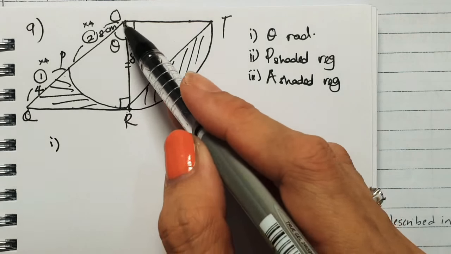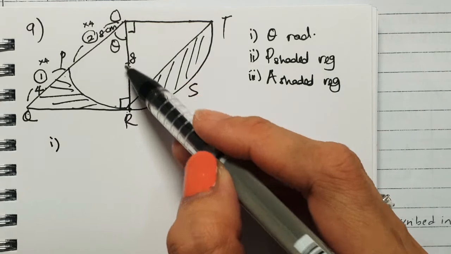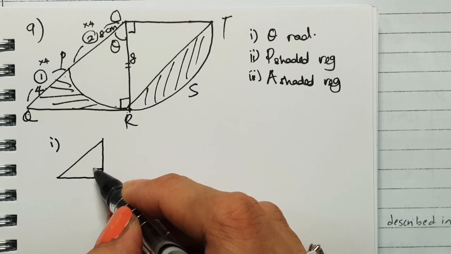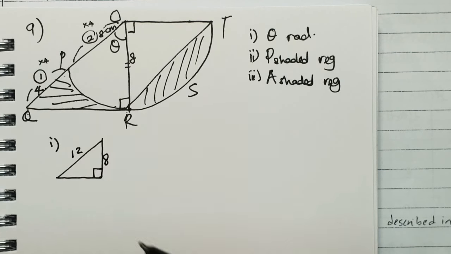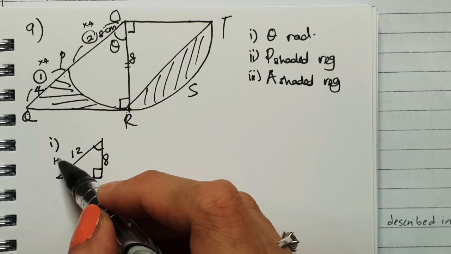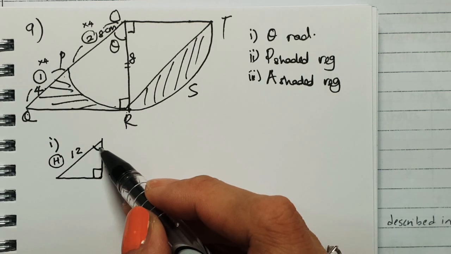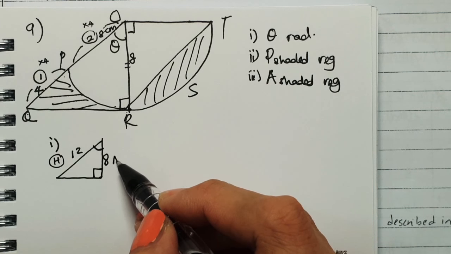First part. What else do we know? We know that this is 8, this is a triangle, this is 8, and then the hypotenuse is 12, right? So let's take that triangle out so that it will be more focused. This is a right angled triangle whereby this is 8 and this is 12. Therefore, we can find this angle. We find this angle first. This is the hypotenuse, and this is beside the angle, so this is the adjacent.